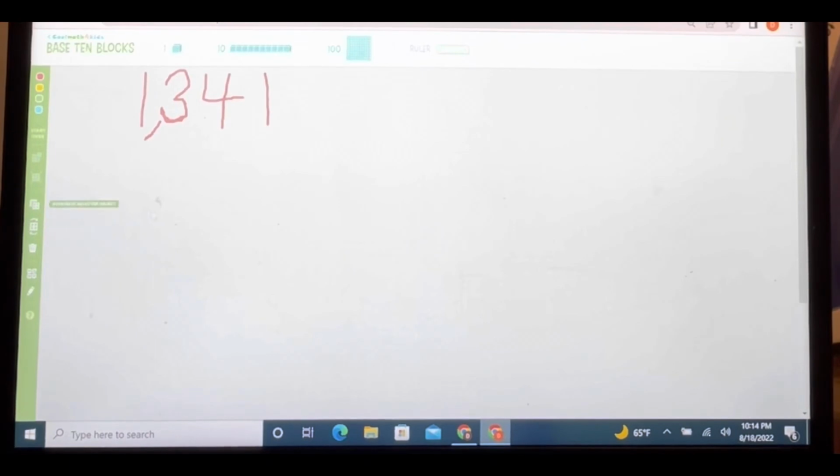All right, so now I'm going to represent the number 1,341 with the base 10 blocks. So 1 is the digit in the ones place, so I'm going to take out my 1 block. I only need one block because the digit in the ones place is 1.